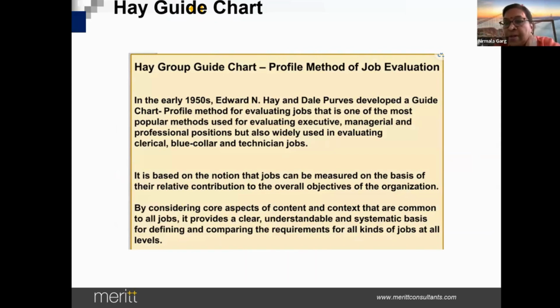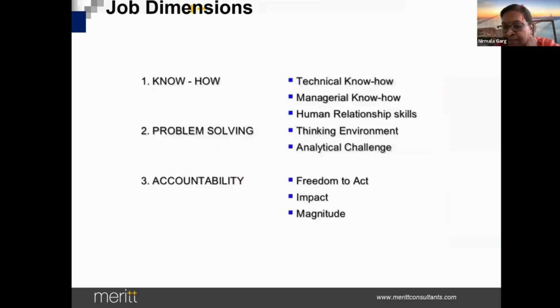I'm sure all of you have heard of the Hay method of job evaluation. In fact, the Hay method is exactly the way we did the point plan. It has compensable factors, weightages, and points.